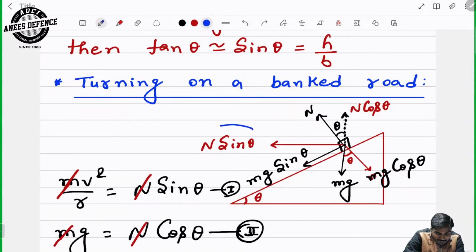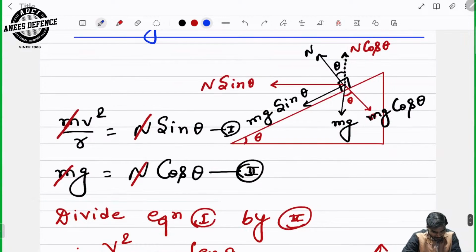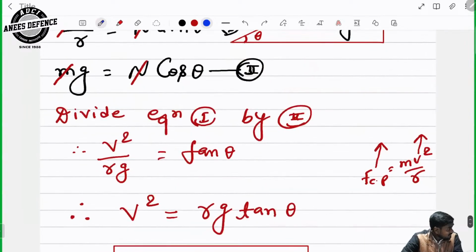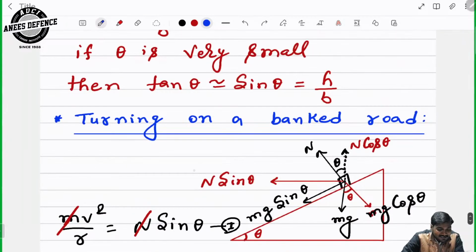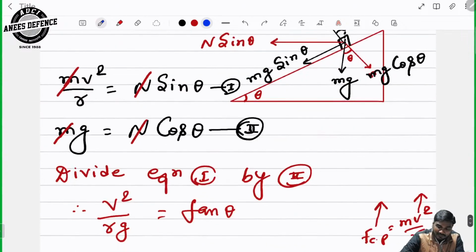So in case of the maximum speed limit, n sin theta will increase. Yes or no? Yes. We will go through a diagram and learn how n sin theta will increase.